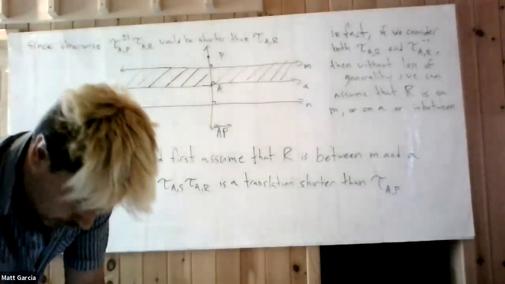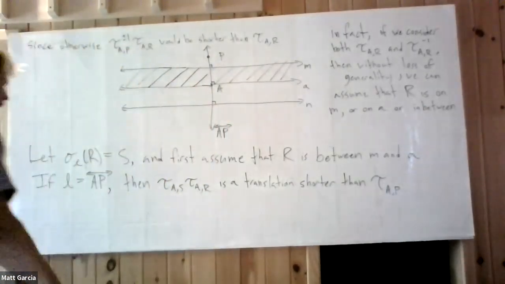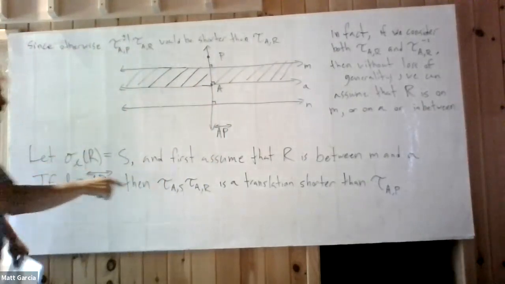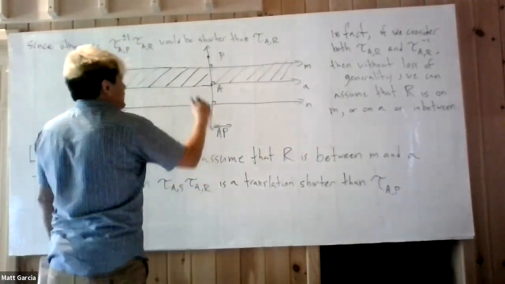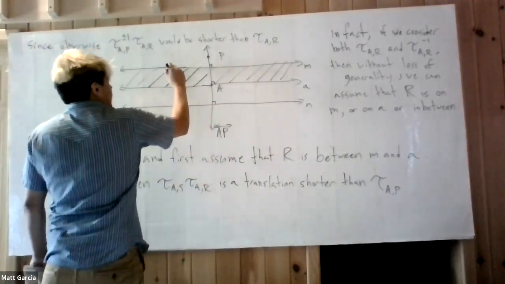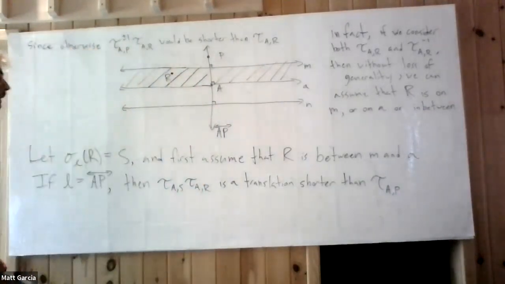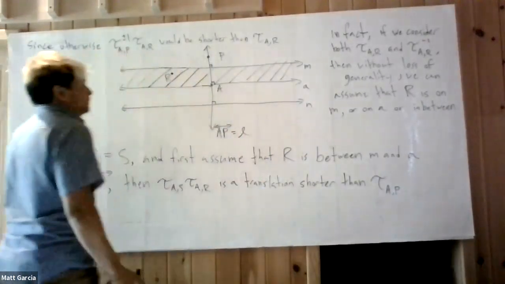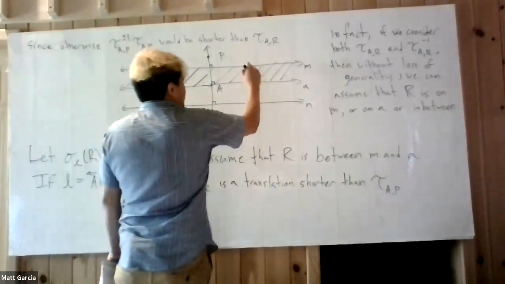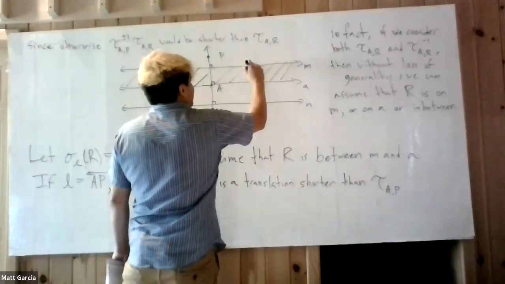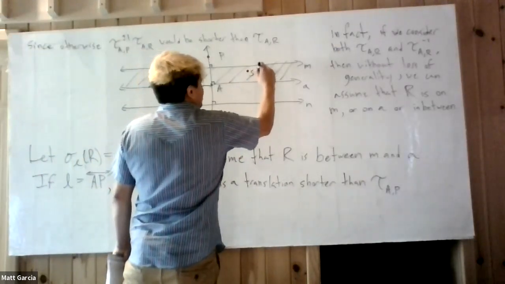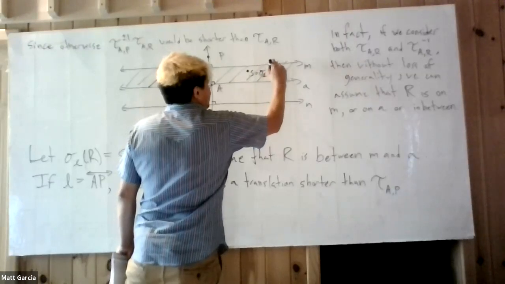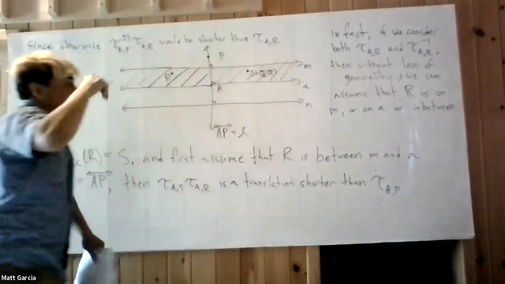Okay, so our first assumption is that R is between M and A. Let's say we take R here, and then we're allowing the line through A and P to be L. So in other words, I set S to be reflection in L of R. Right?